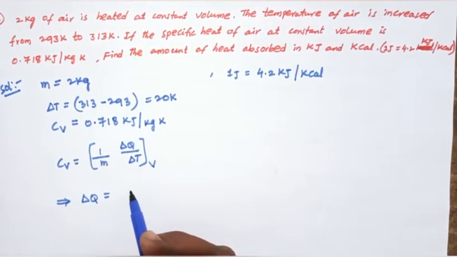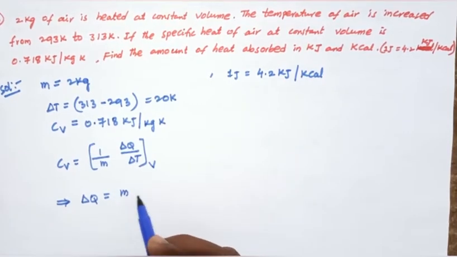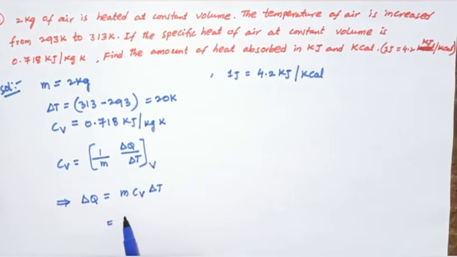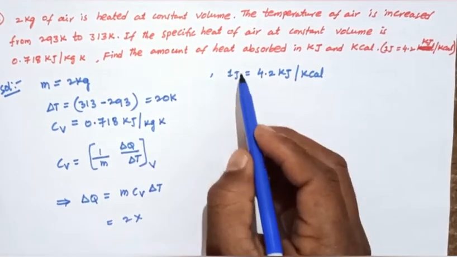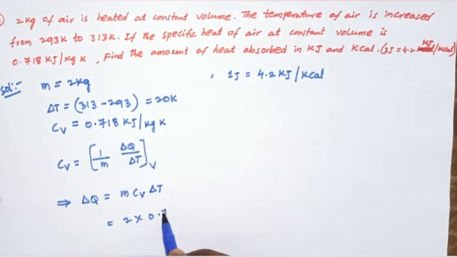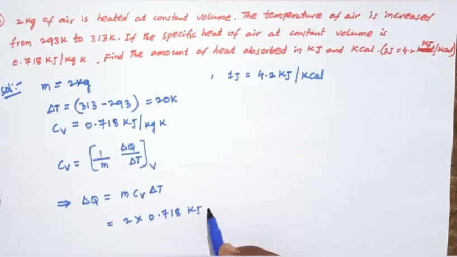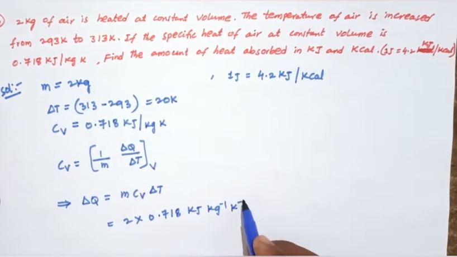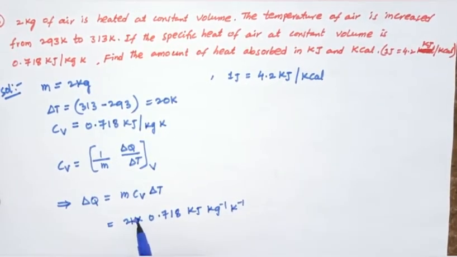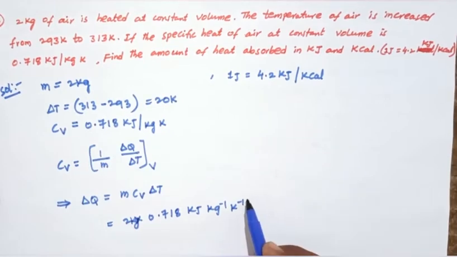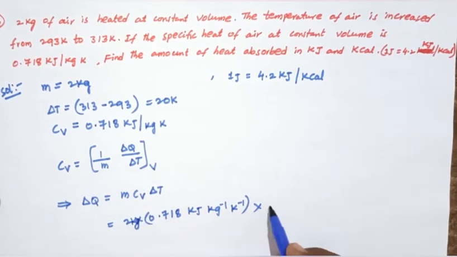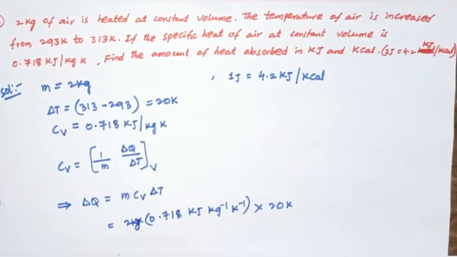Delta Q equals m CV into delta T. So m is 2 kilograms, CV equals 0.718 kilojoules per kilogram per kelvin, and the temperature is 20 kelvins.